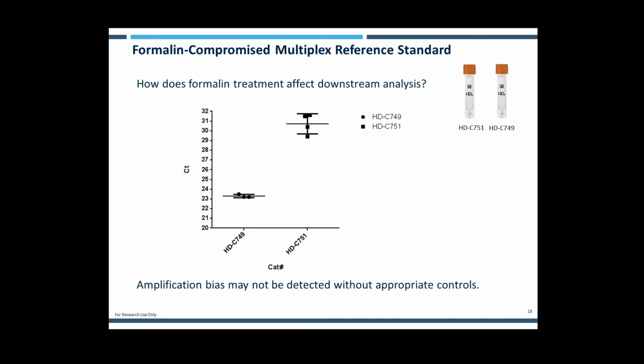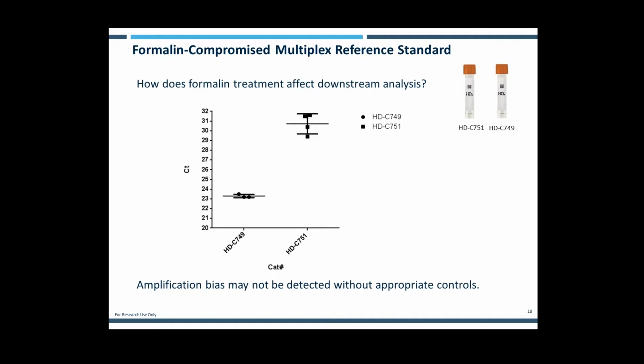So when we look at something like amplification, we compare HDC 749 and HDC 751. And again, these standards are derived from genetically equivalent cell lines. Really, the only variability we're changing is the intensity of the formalin treatment. And so you can see in the plot here, collected during our droplet digital PCR validations, the CT values for these two standards are different, both in their quantitative value, but also in their reproducibility.